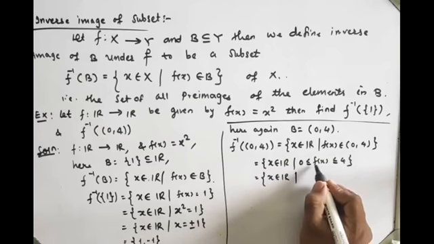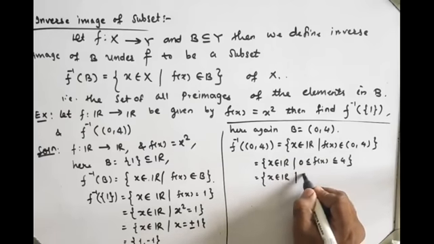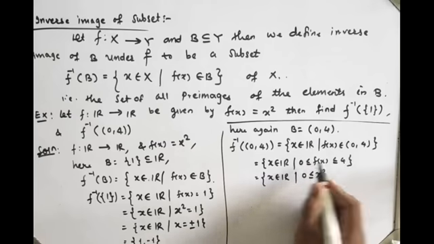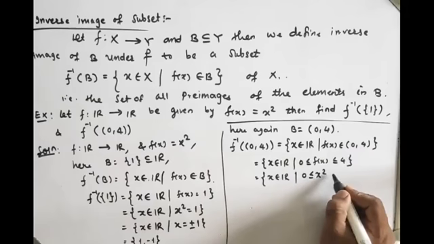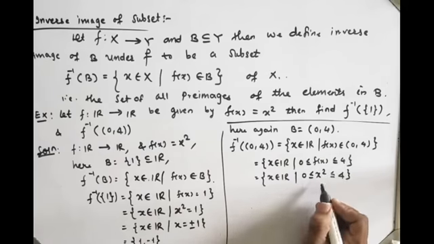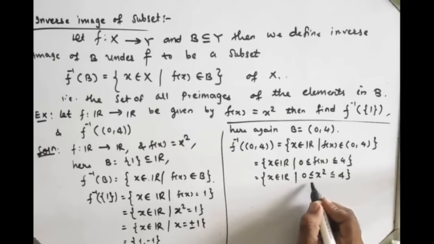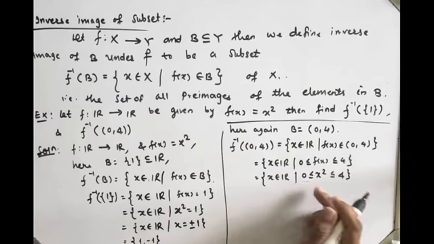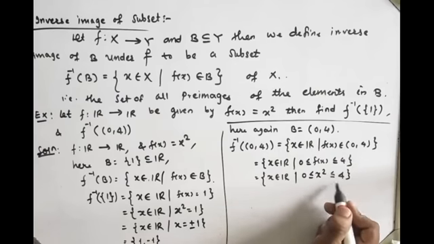Which is equal to x belongs to R such that 0 less than equal to f of x, and here f of x is x square, so 0 less than equal to x square less than equal to 4. Here we know that x square is always greater than equal to 0, and here it is less than equal to 4.